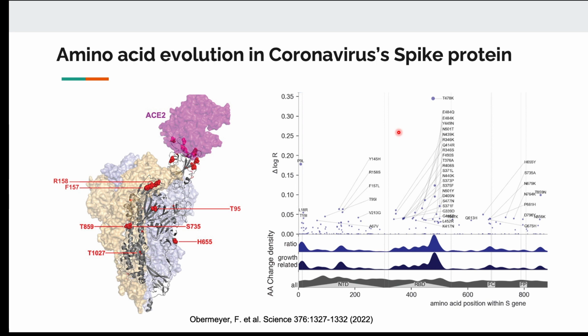So we can do this with evolutionary analysis. Right? We can look at the protein and DNA sequence of coronavirus from day one from Wuhan compared to the new sequences that we collect all over the world. So we can see the positions of the protein that change over time. And because we know the timing of the samples, we can compare the timing of mutations to the timing of new vaccines.